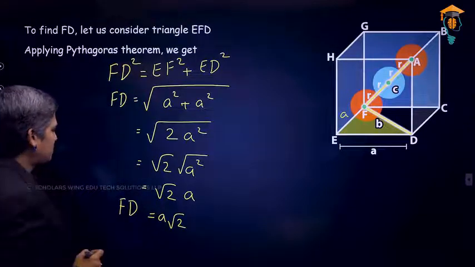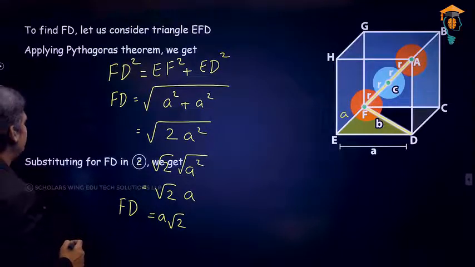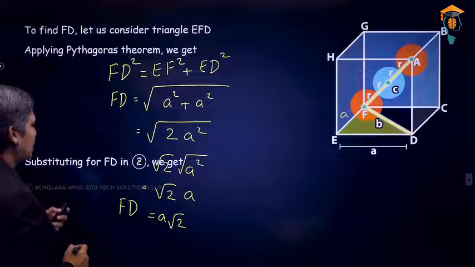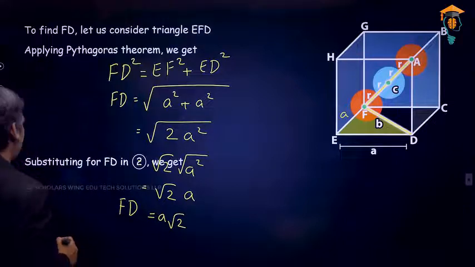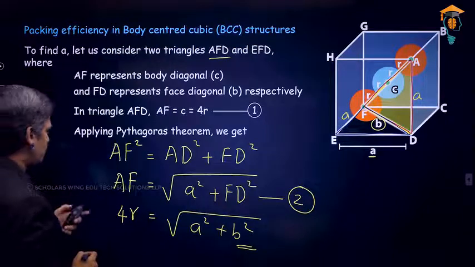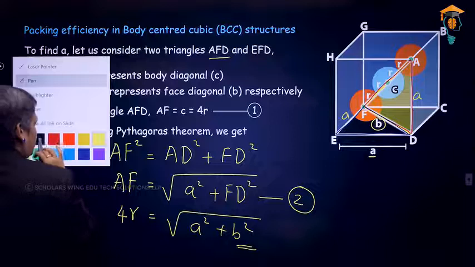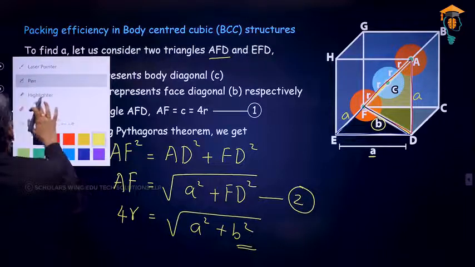Now, shall we substitute for FD? Yes. Substituting for FD in equation 2. We'll go back to equation 2 now. Yes, this is equation 2. Here, we'll substitute for FD. What will we get?